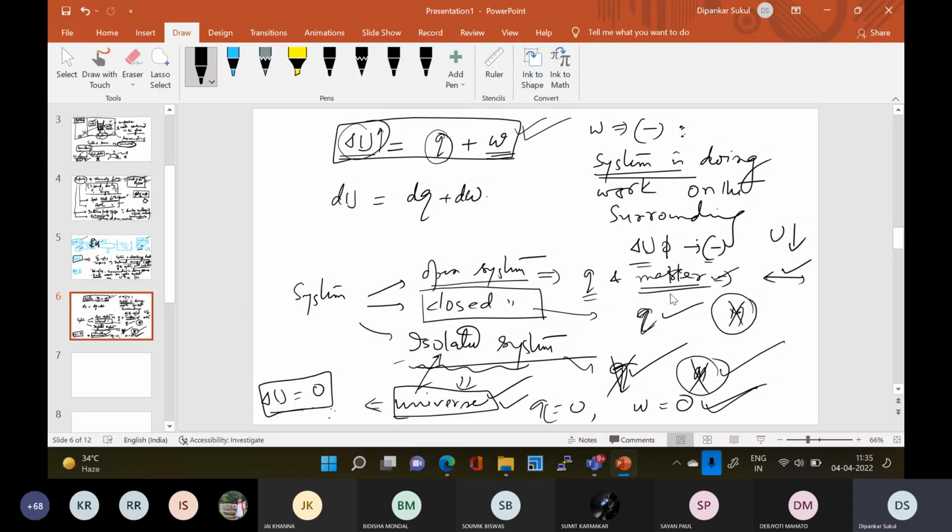Exchange of different forms of energy is allowed between your system and surrounding, but no exchange of matter is allowed. So whatever thermodynamics we will study in this particular semester will be applicable for closed systems.